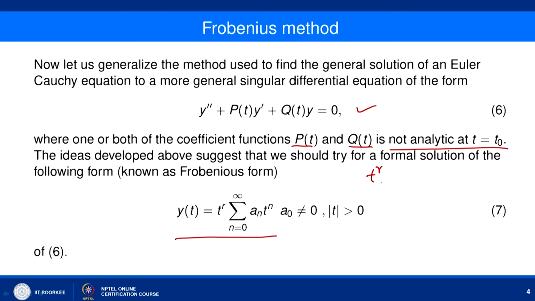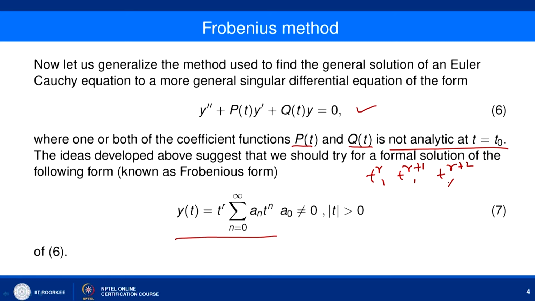So, we are adding a kind of power series to our functions p(t) and q(t). Corresponding to the solution, if t to the power r is already a solution, then we can add t to the power r plus 1, t to the power r plus 2 and so on. If we add these terms to the solution, then we might get a solution.